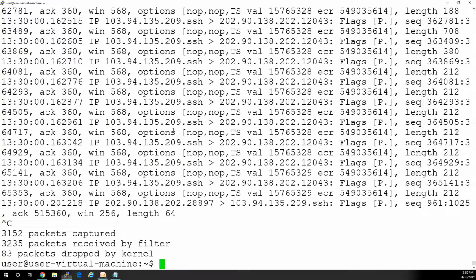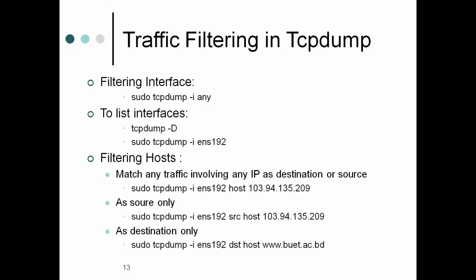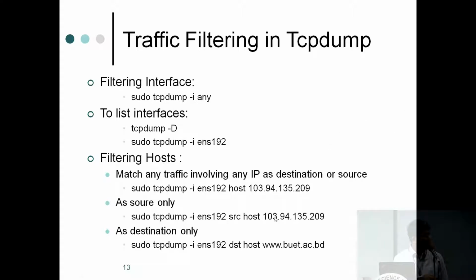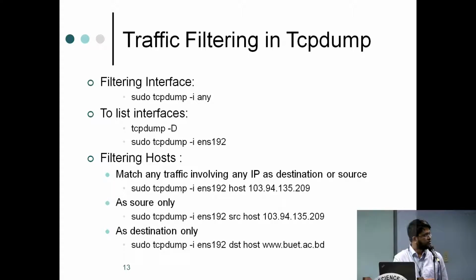So the option is we can define it as a host. If we define it as a host, it will be two-way. The IP address can be on the source side of the packet, or on the destination side, and either way it will be captured. But if you define it as a source, that means this IP address must be at the source part of the packet, not the destination side.